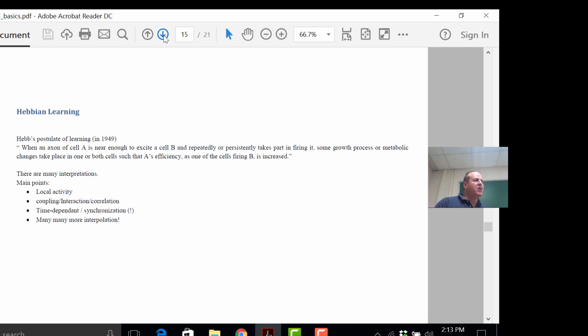This has been interpreted as the connection between two neighboring neurons, localized in the synapse, strengthening if there's a correlation between the firing of one and the other. And to tell you at the outset, there are a lot of different variants of interpretation of this statement.